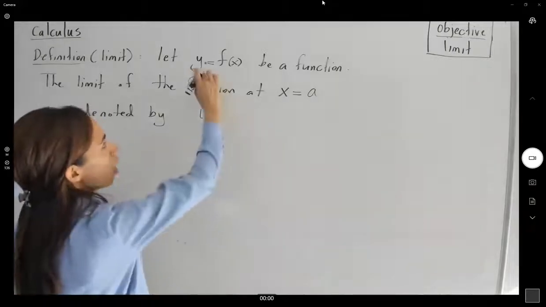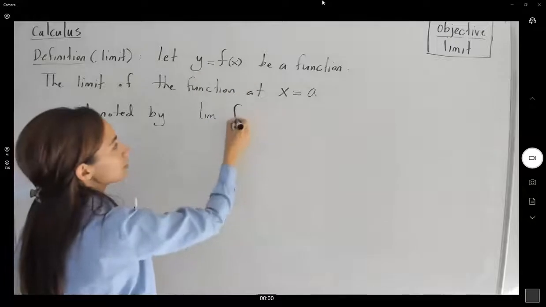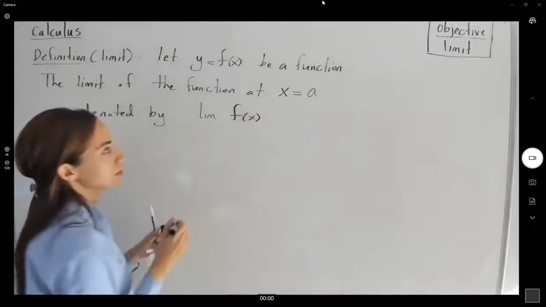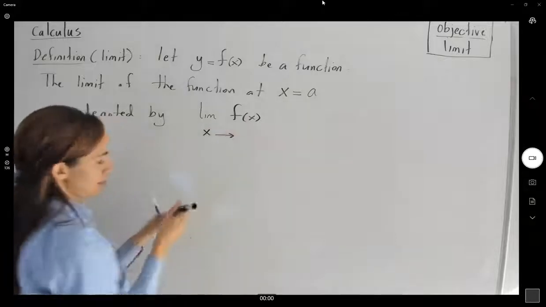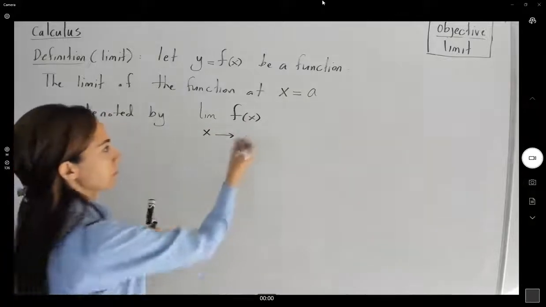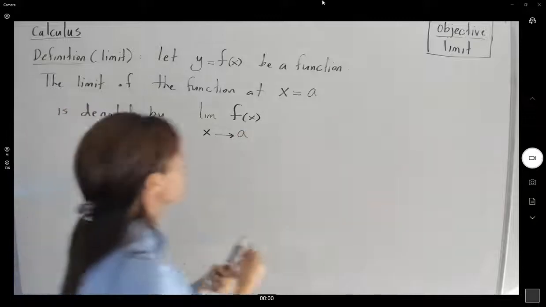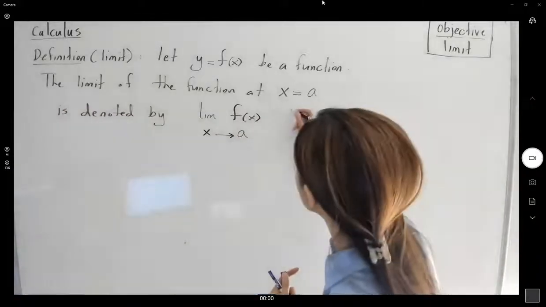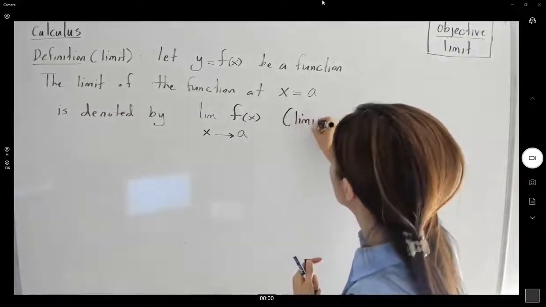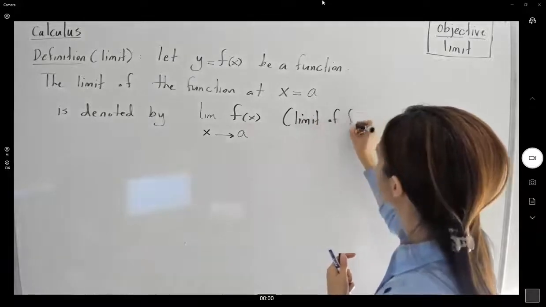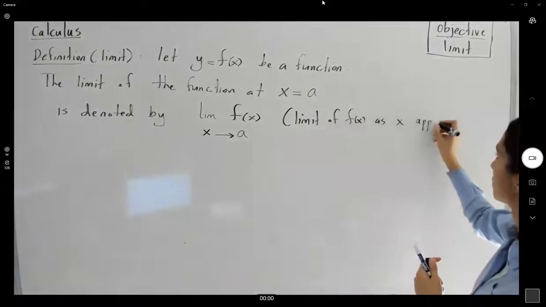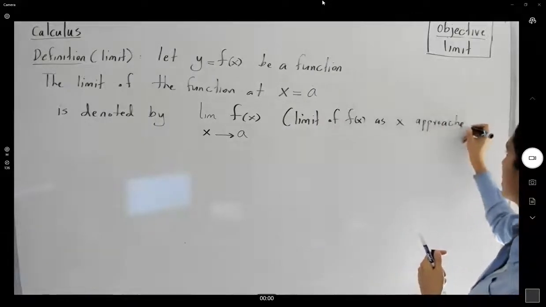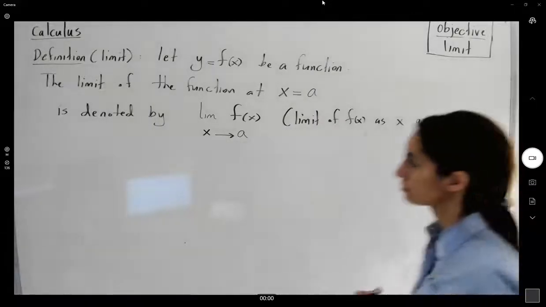We're writing down either y or f of x, it doesn't matter, as x approaches a. So we read it as the limit of f of x as x approaches a.